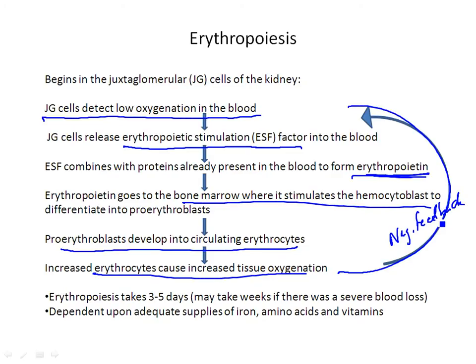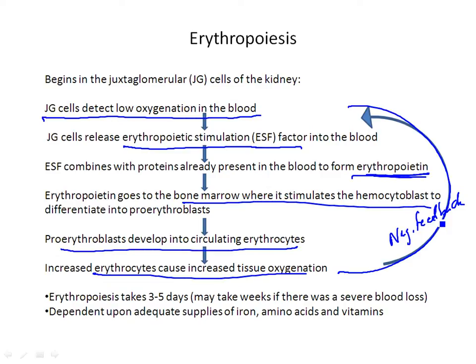Now, this whole process is going to take about 3 to 5 days. If you have a severe blood loss, it could take weeks to replace all the red blood cells that you lose. That's why they don't let you give blood every week. You've got to build back up your red blood cell production, your white blood cell production, but erythropoiesis takes about 3 to 5 days normally to get going.